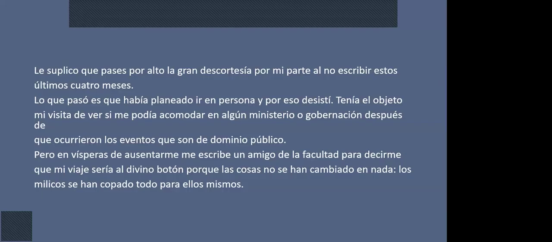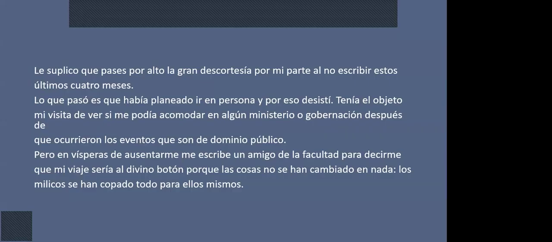To inform me, no, para decirme, to inform me that my trip would be useless here. So al divino botón, that requires a great deal of understanding and adaptation in order to know what was meant. And I think what was meant is that it was a waste of time, right? Because things haven't changed at all.